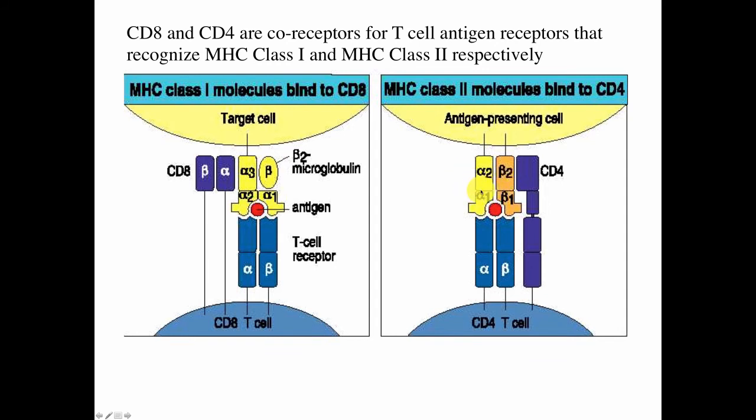presented by MHC class II, and MHC class II interacts with the CD4 molecule. And so what that means is that CD4 T cells are especially good at interacting with peptides presented by MHC class II, and that allows the different classes of CD4 effector cells that, again, we'll learn about in the next lecture, to mediate different types of effector functions that are associated with MHC class II presented peptides.